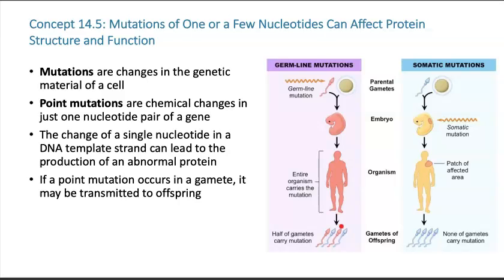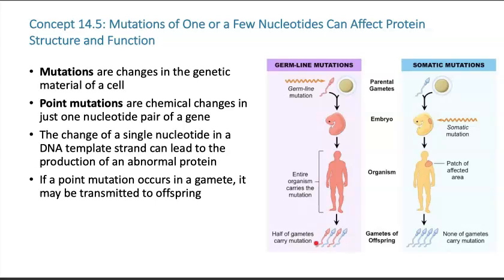On the other hand, if you think about the next generation, only half of the sperm or eggs, only half of the gametes, will have that mutation. Why not all of them? Remember that when you make gametes, you separate homologous pairs, and it's very, very unlikely that both members of the homologous pair have the same mutation, especially if that mutation happened in just the sperm or the egg that met to form this embryo.